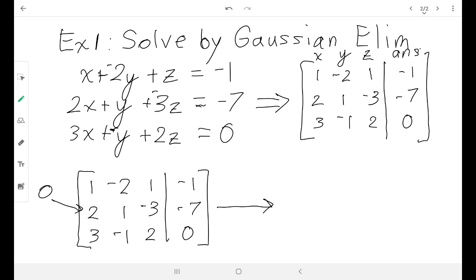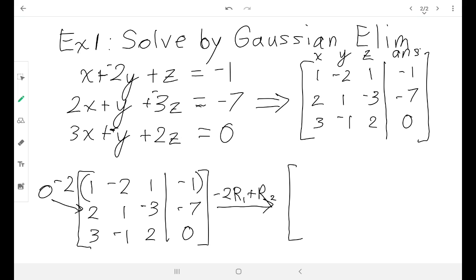For example, if I do negative 2 times row 1 plus row 2, I would be multiplying this entire row by negative 2, okay?